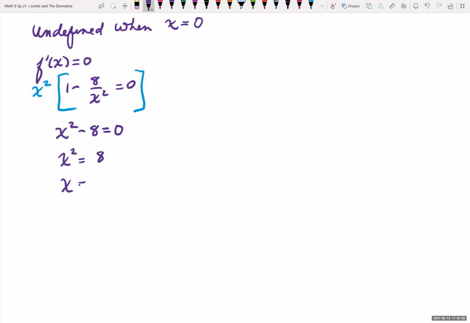So taking the square root, plus or minus the square root of 8. Well, 8 is 4 times 2, so the same thing as plus or minus 2 root 2. Since I am graphing this, it helps me to know about what 2 root 2 is. So 2 times the square root of 2 gives us back about 2.8.